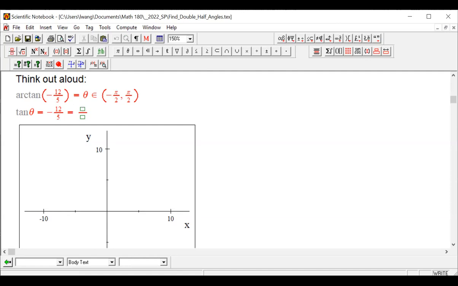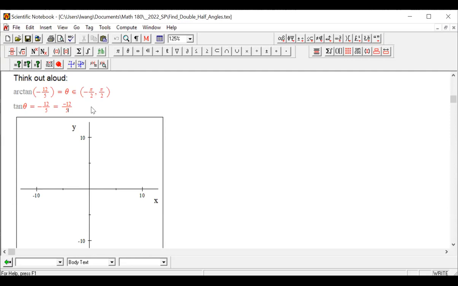Of course we have -12, which is y, and this is 5. I'm worried that you may not see the negative sign. Do you see it now? So -12/5, the fourth quadrant. In particular, we know theta is between -π/2 and 0, because we know so well the range of arctangent.